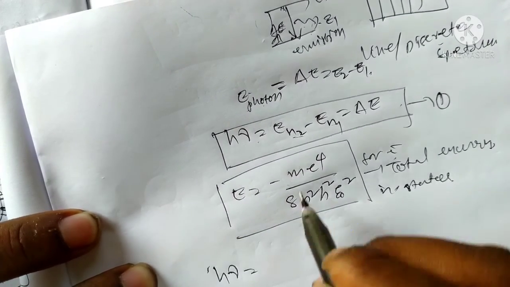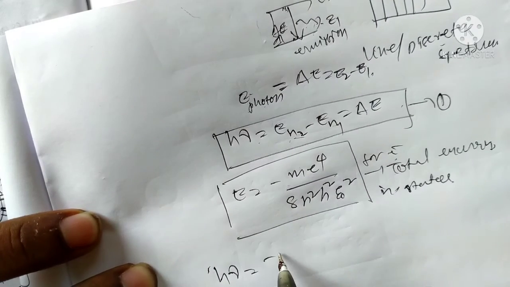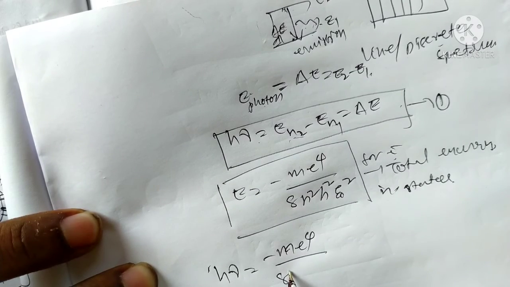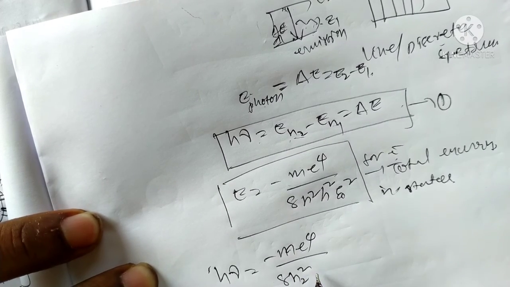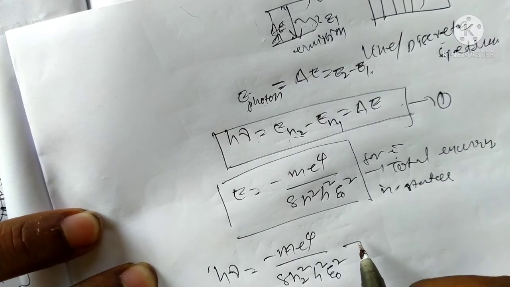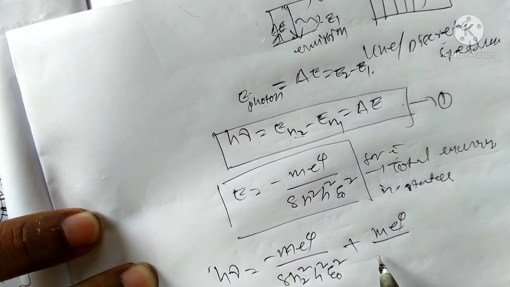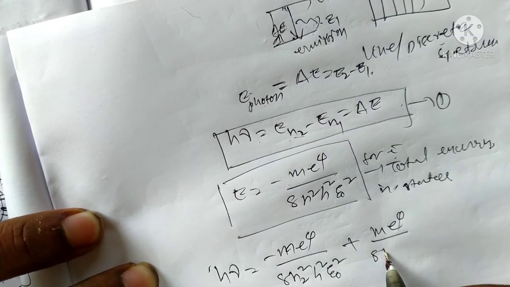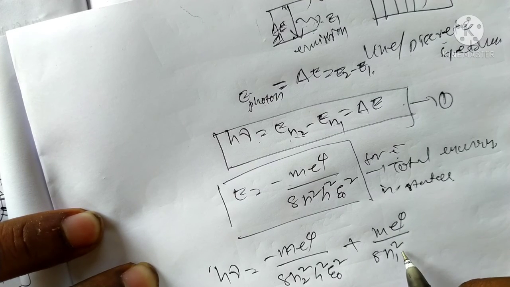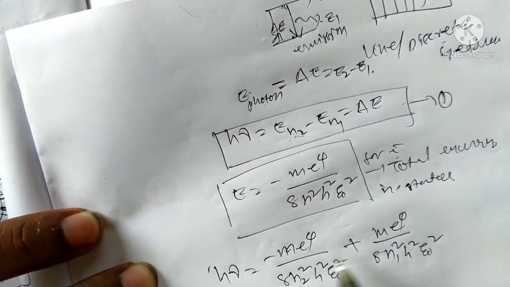h nu is equal to E2 minus E1. Substituting n2, that is minus m e to the power 4 by 8 n2 square h square epsilon naught square, minus, minus m e to the power 4 by 8 n1 square h square epsilon naught square.